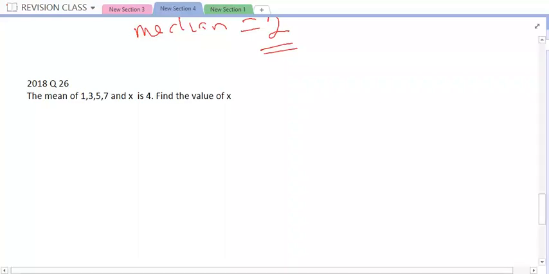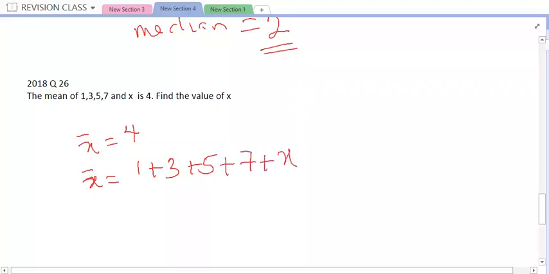So you go down, you have mean equals what? 4. And how do we calculate mean? We usually calculate mean by taking the addition of all the data, meaning mean equals addition of all the data, 1 plus 3 plus 5 plus 7 and then plus x, divided by the number of data.